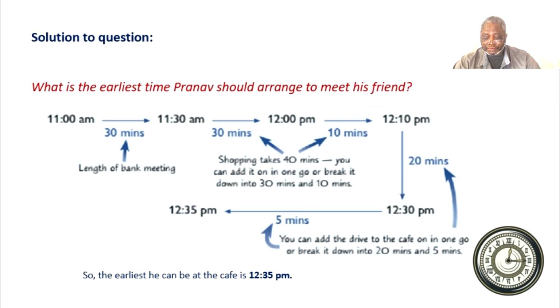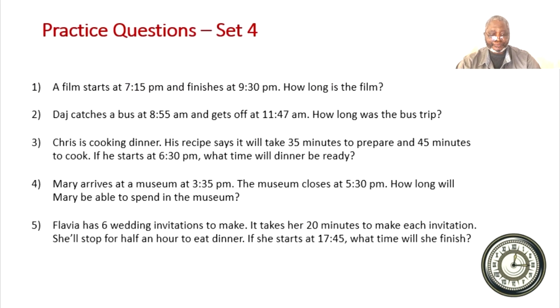And then jump in the car, drive for 20 minutes. That will take him to 12:30, and then another 5 minutes, which will take him to 12:35. So the earliest you can be at the cafe is 12:35 p.m.